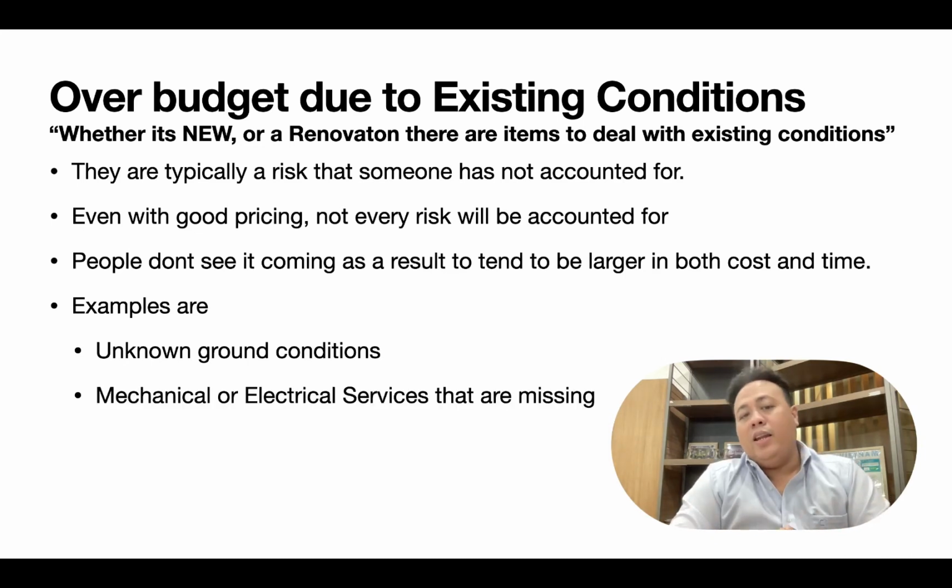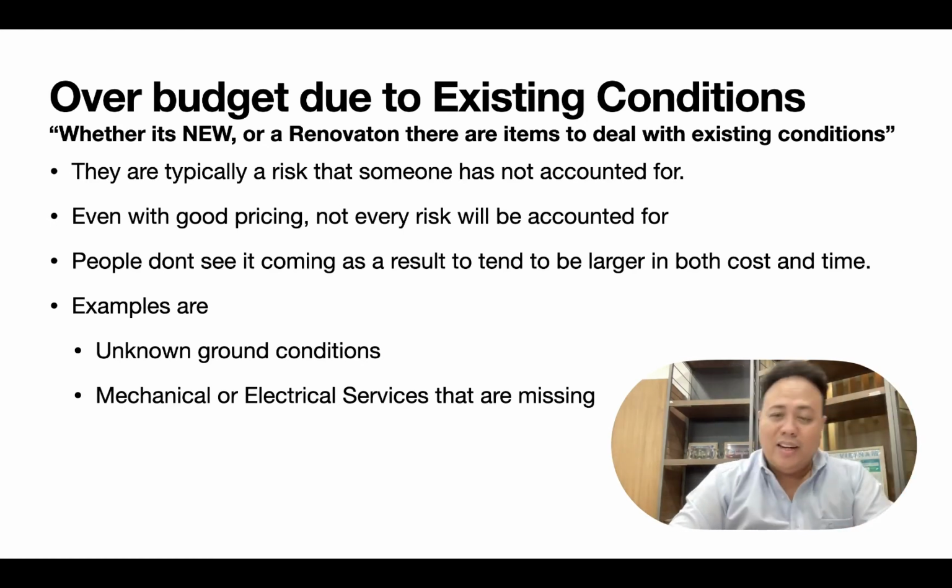Mechanical or electrical services that are missing. Sometimes they will put on the plans that the DB is here, the electrical panel is here, the air conditioning is already here, but when you check on site, it's either not functioning or not existent anymore.